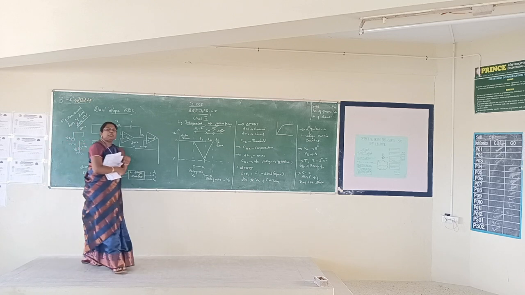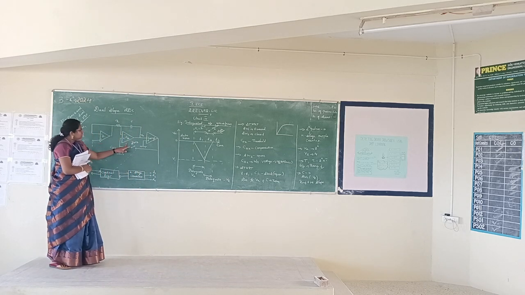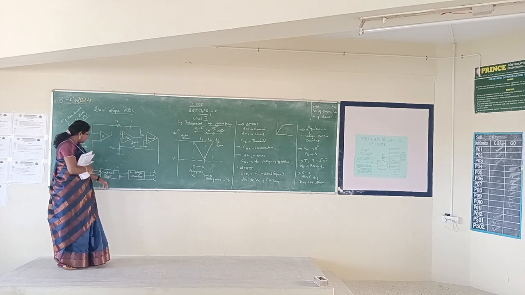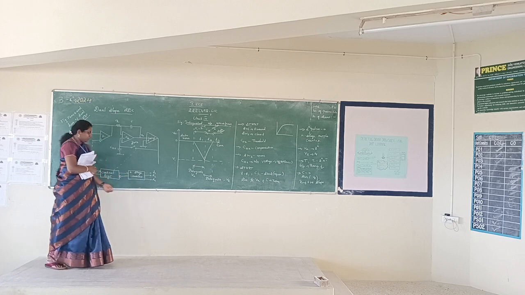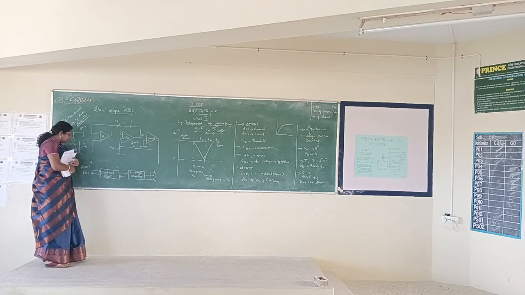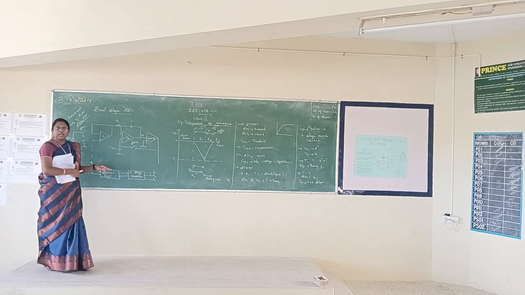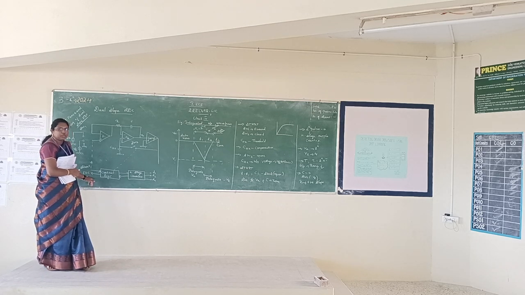Here we have the buffer A1, then the integrator amplifier A2, then a comparator, then a control logic, and an n-stage counter, which is a ripple counter. We have two control signals, start and end of conversion. Start will start the conversion, and as soon as the counter resets to 0, it will give the signal on the EOC line.